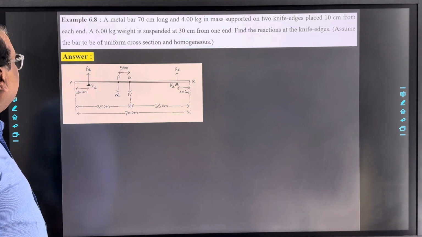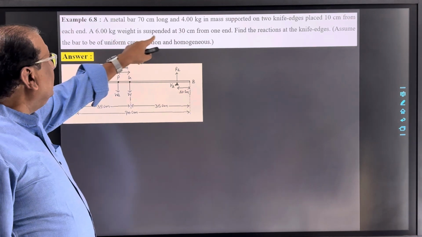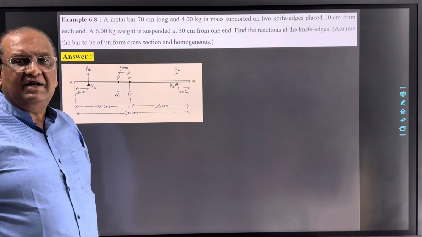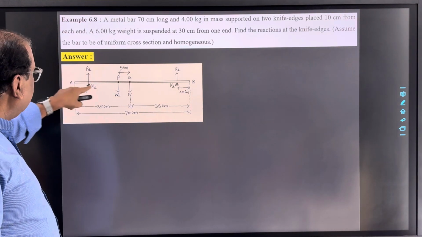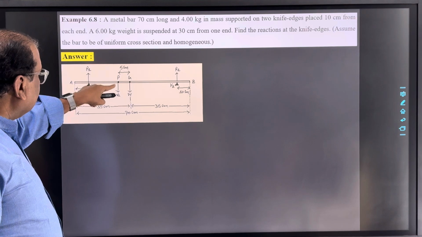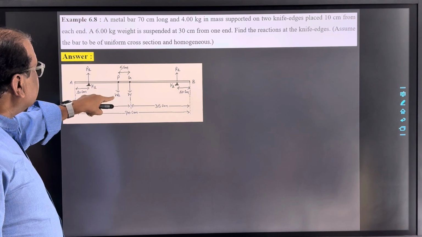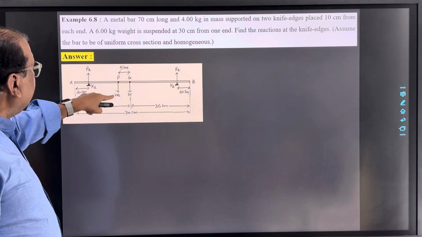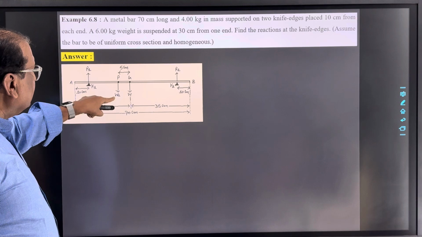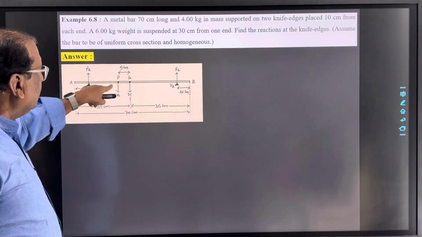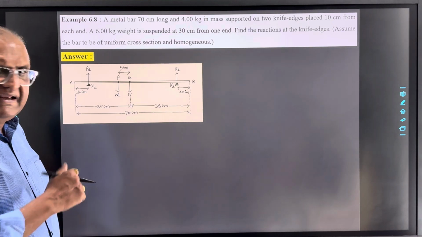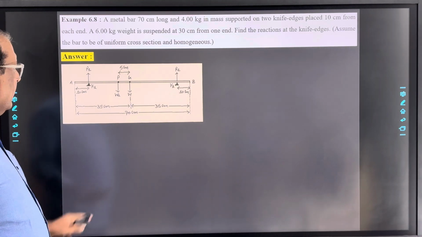Now here it is given to you, a 6 kilogram weight is suspended at 30 centimeter from one end. So from this end, suppose at 30 centimeter, mass 6 kilogram is suspended, so its weight is represented here W1. So that will be at 5 centimeter from the midpoint. Easily we can understand from the figure.